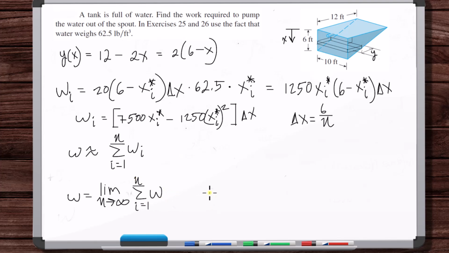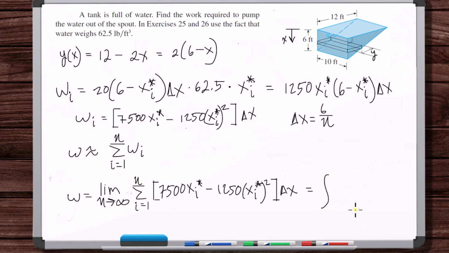So I'll write this out. Right? So now this is what we want to evaluate. And what is this? This is an integral. So this limit as n goes to infinity of the summation, that's the elongated s. We're going from 0 to 6.